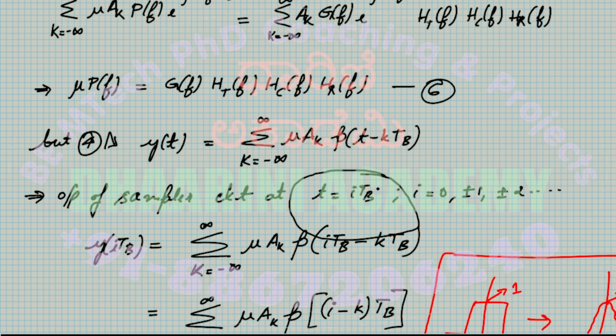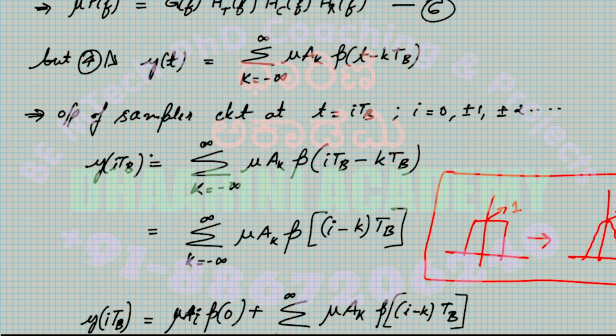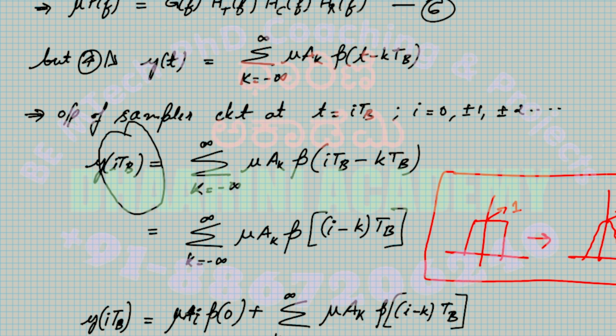This is the condition for sampling. Is it okay? Let's sample. When you sample, everywhere in the equation you are supposed to replace the continuous time variable, small letter t, by i into T_b. You see, that's what is happening here, iT_b.